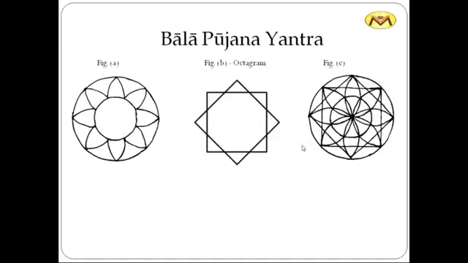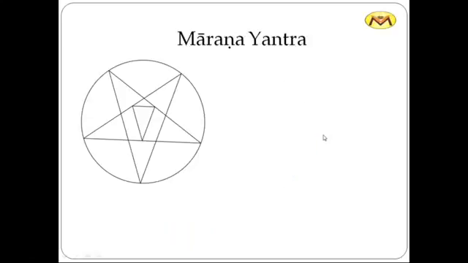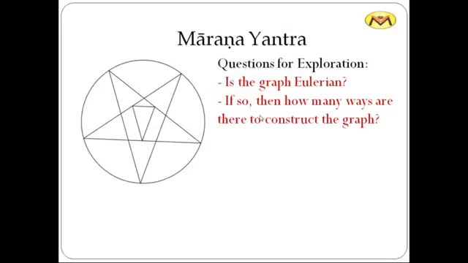So this is the same shape which I constructed using the software. This is another yantra, the Marana yantra. So I'm just repeating those questions again. Our first question of interest: is this an Eulerian graph?